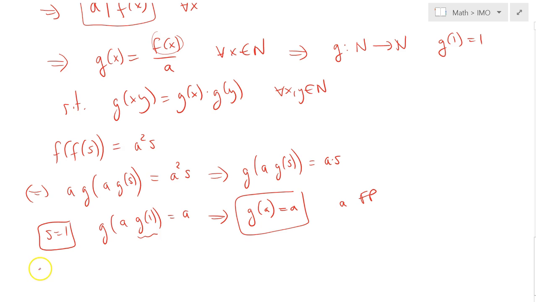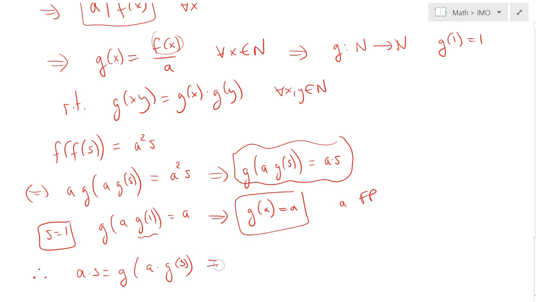So therefore, if we start with this expression again, we would get a times s is equal to g of a times g of s. But now we can use the multiplicative property, so we would get g of a times g of s, and that's simply equal to g of a, which we just figured is a, times g of s.